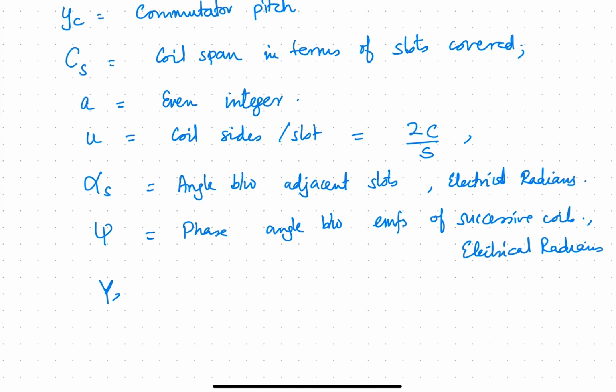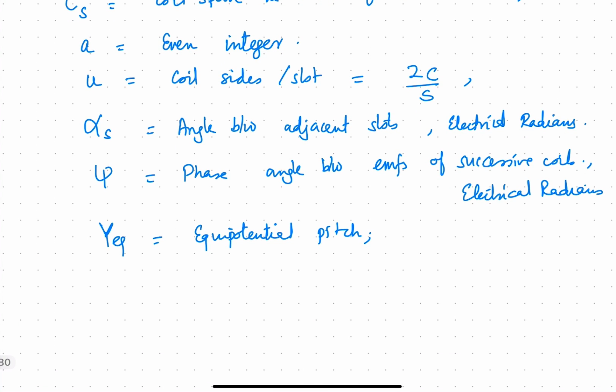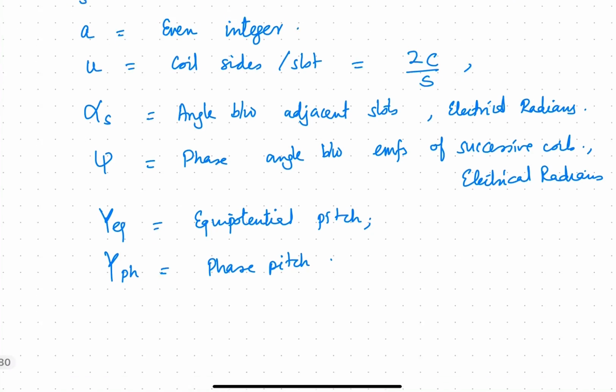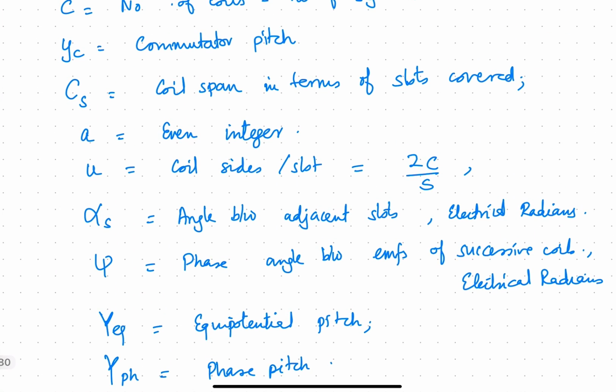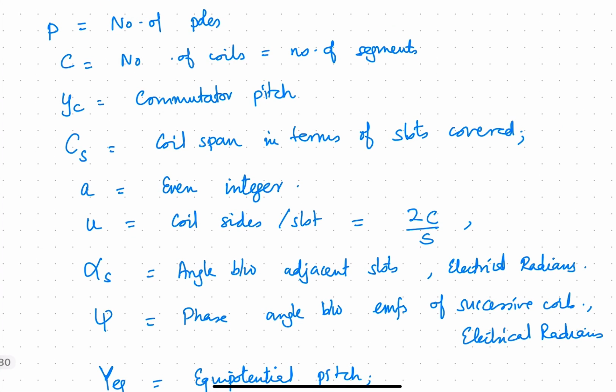Then you have Y equivalent, the equipotential pitch. Then another parameter YPH, which is the phase pitch. So these are basic parameters. By definition, just by looking at the definition, you'll be able to figure out what they actually mean.